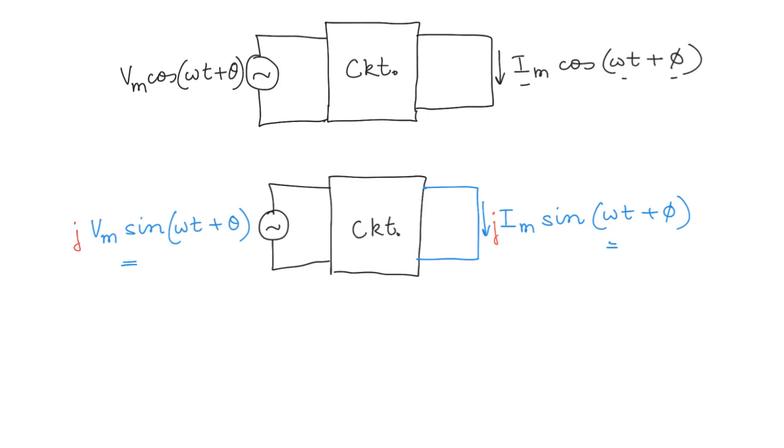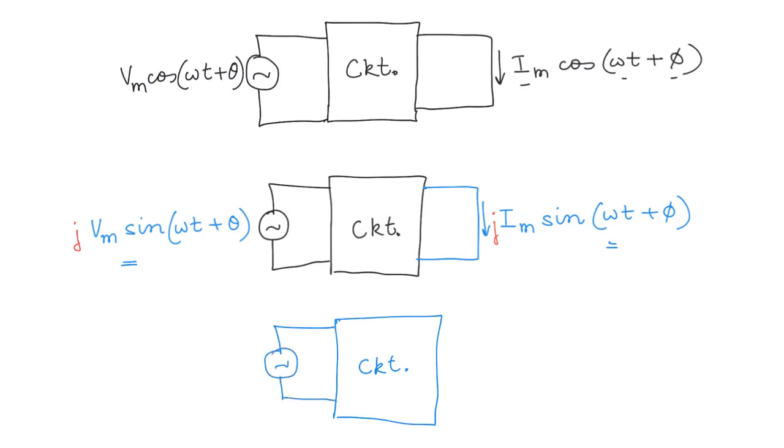So now here's what I'm going to do. Again, we are assuming that these are linear circuits. I want to take this circuit, which is the same circuit as before, and give it a sinusoidal input.